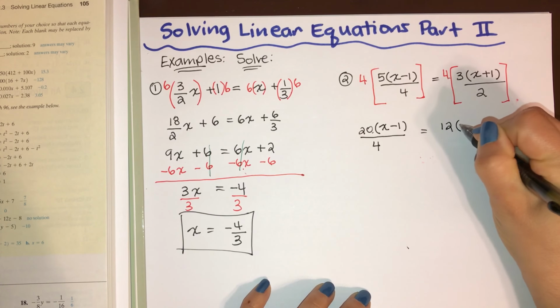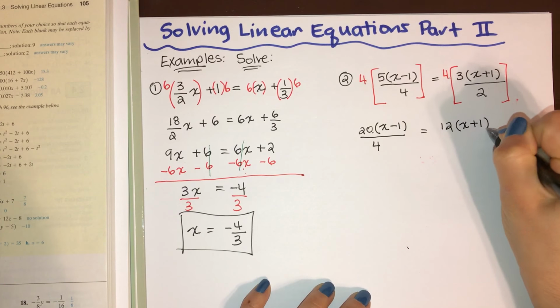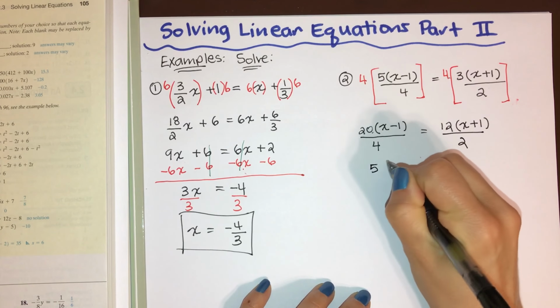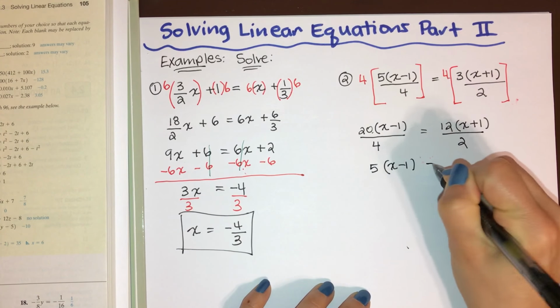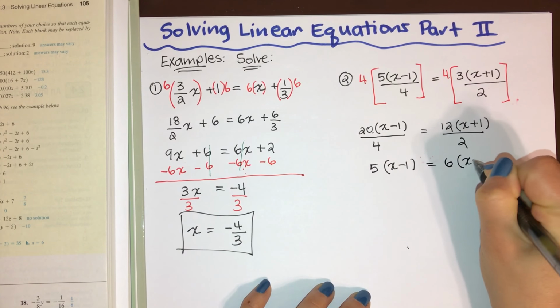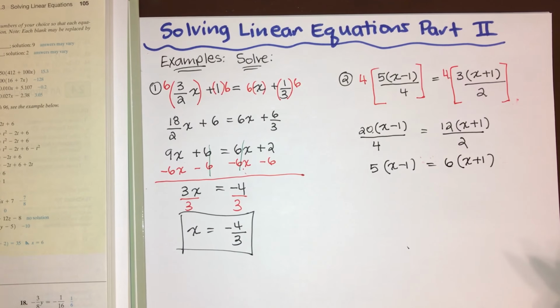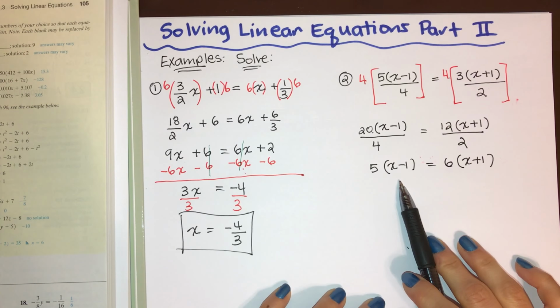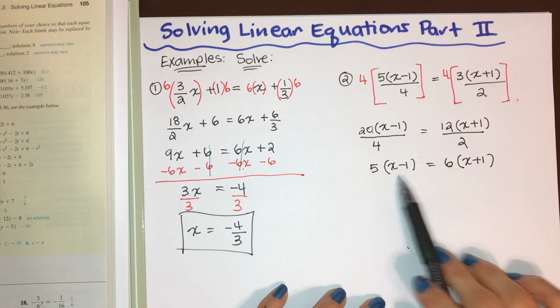Do not change the part in the parentheses. So we have 5 times x minus 1 is equal to 6 times x plus 1. At this point, the fractions are gone. You know that we need to use the distributive property as we saw in the previous video. So distributive property 2 times.